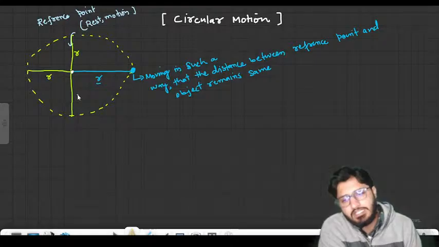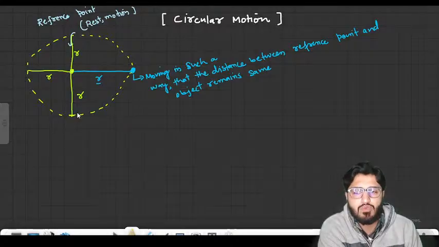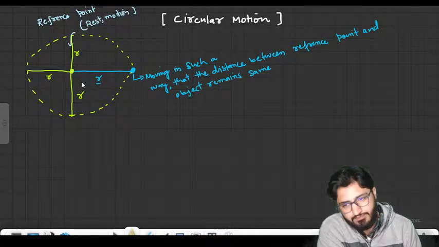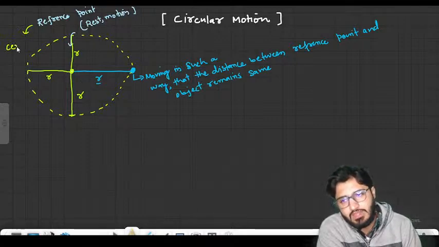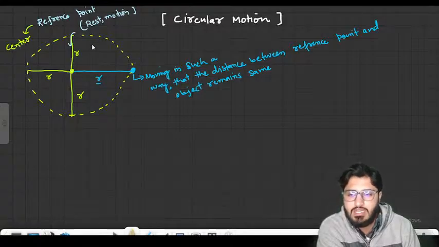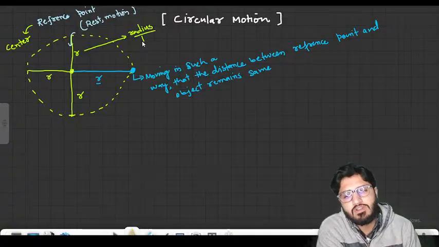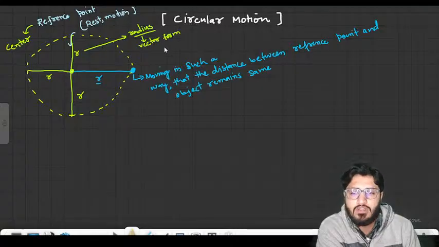This reference point is known as the center, and the distance between the center and your object is known as the radius. In vector form, you will write this radius as a radius vector.